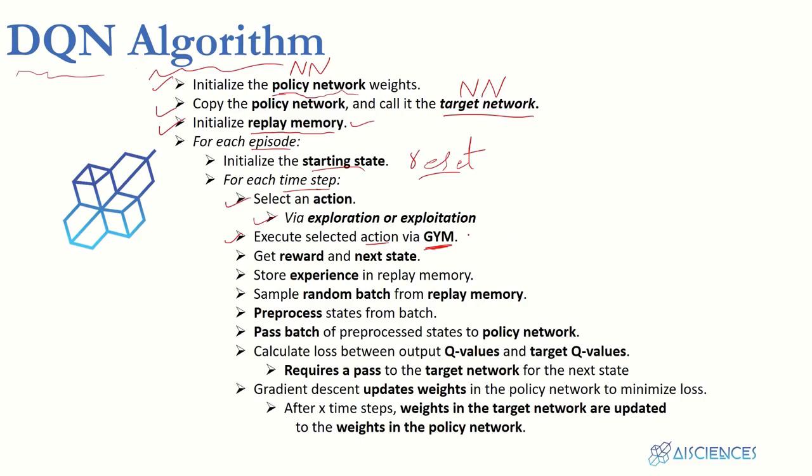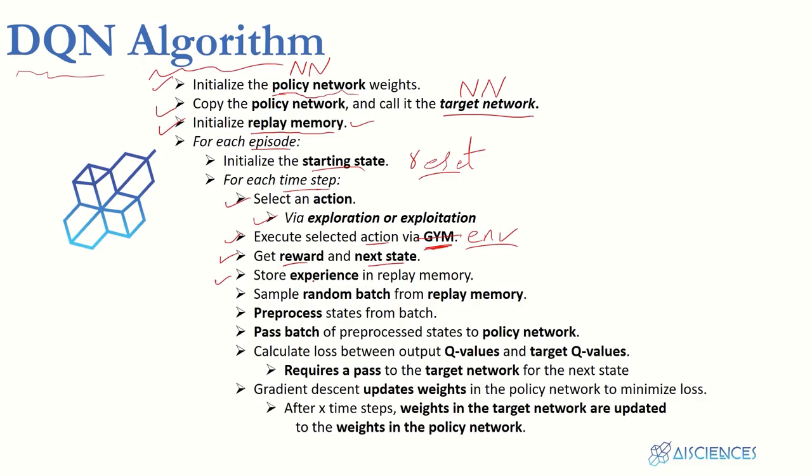If we replace this gym with environment, you execute your action in the environment. In our case, we will be implementing it in gym. So what we get in response to executing our action is a reward and a next state. We have already done that.